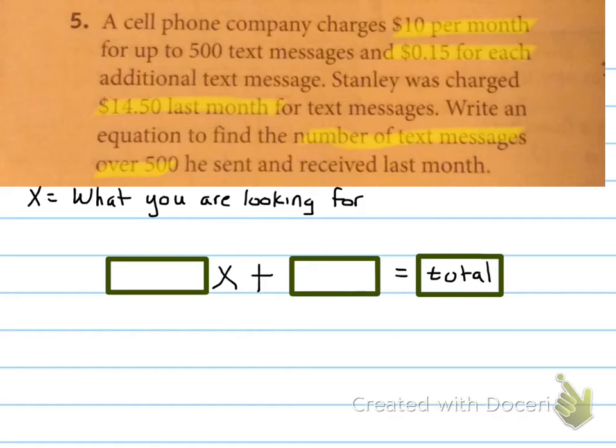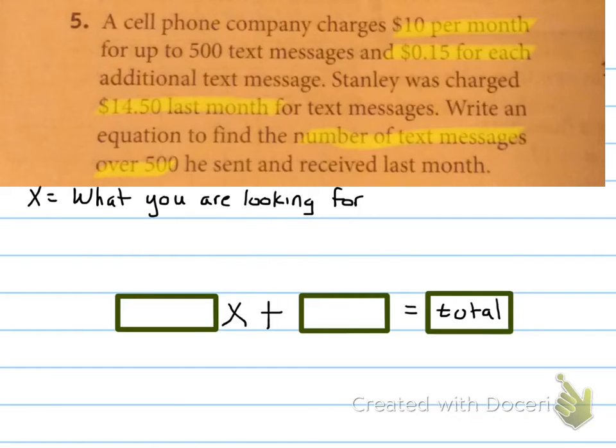So our question was right here, or what it's asking. What are we looking for? The number of text messages. Okay? So your number of text messages is your x. So how much do they cost?